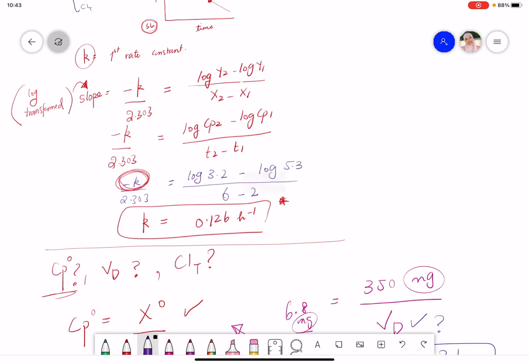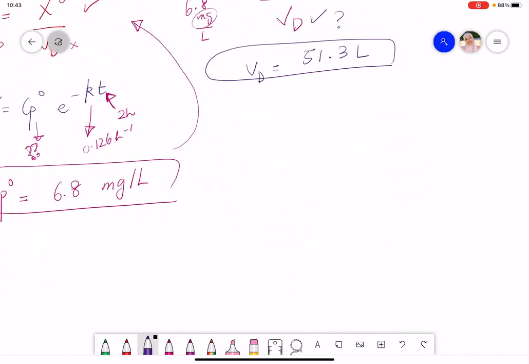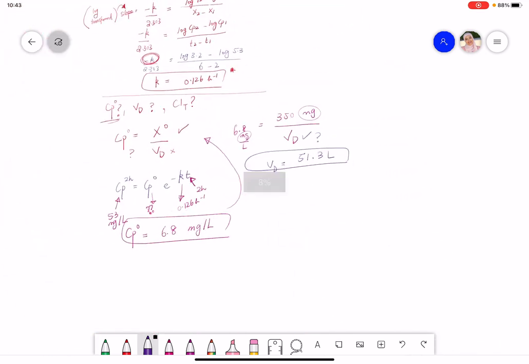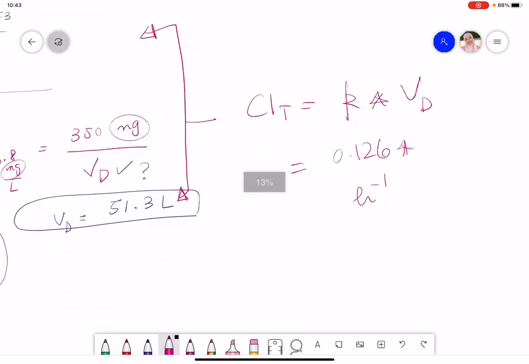We still have the clearance, and we have many ways to determine the clearance, but depending on the values that we have, the clearance equals K multiplied by VD. Then this will be 0.126 hour minus 1 multiplied by 5.13 liter.